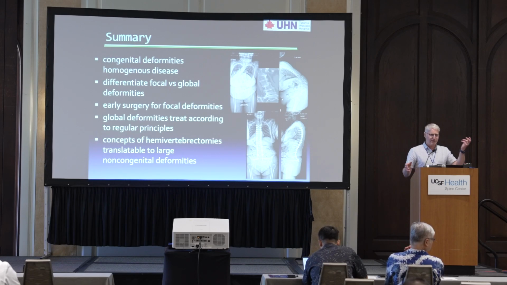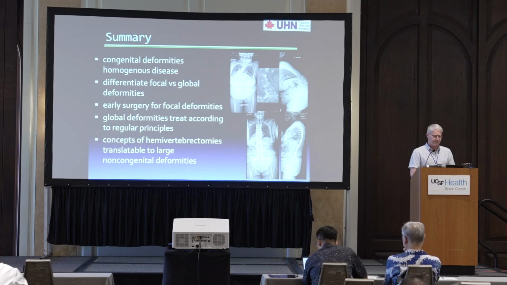I don't do it at more than one level, and so I usually combine it with a Smith-Petersen, and I'm very careful on the neuromonitoring, obviously. But I find one level shortening I tolerate very well on a severely deformed patient. I would say more than one level shortening, I'd be a little more concerned. I've gotten away with it on my kyphosis cases.